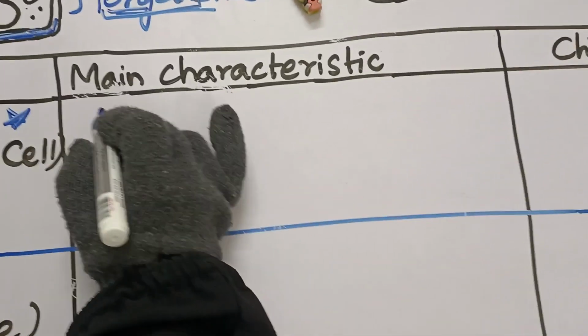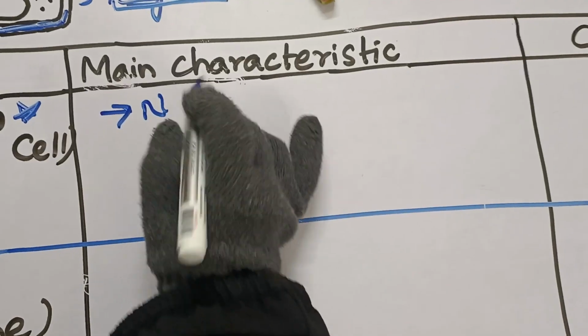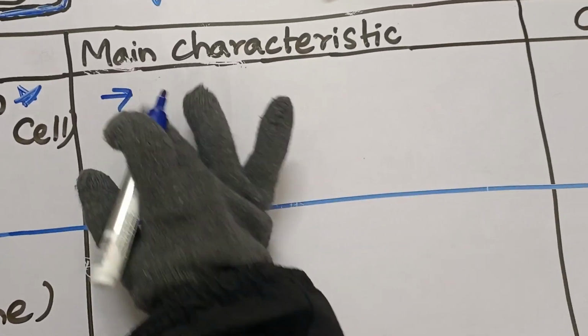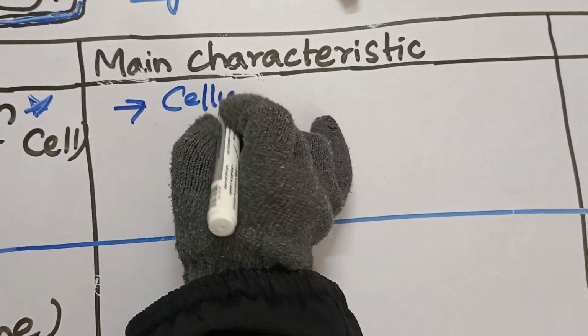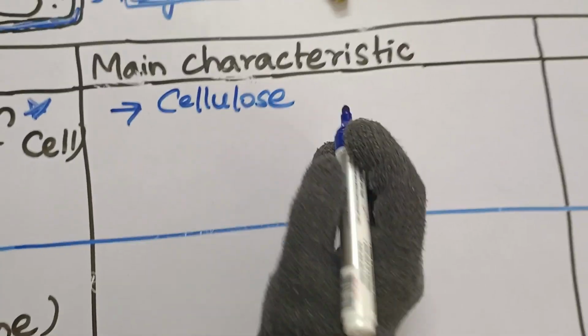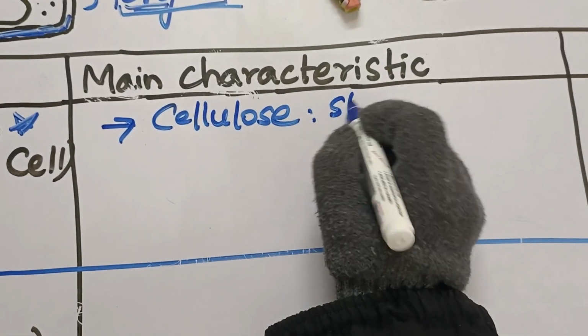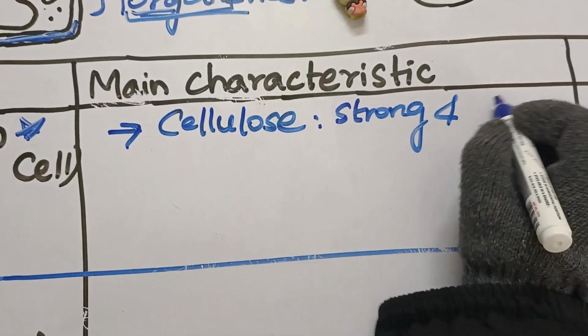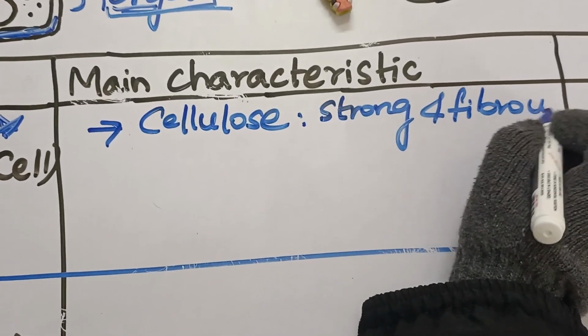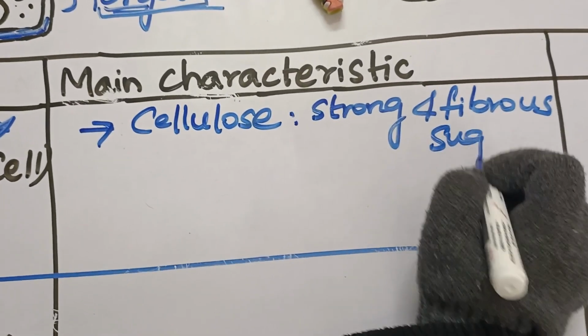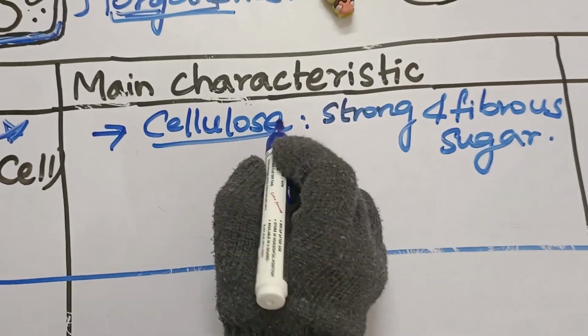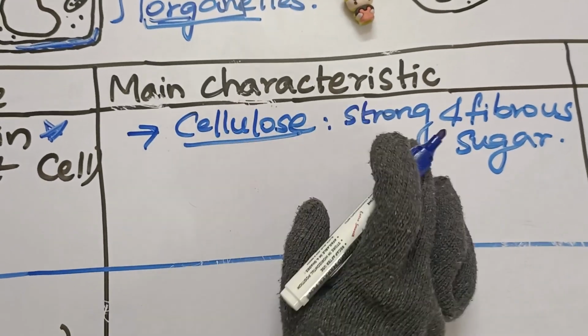Let's understand that. The cell wall is made up of cellulose. And what is cellulose? It is a type of strong and fibrous sugar. Why does a plant need a component like cellulose? See, this cellulose is very strong.